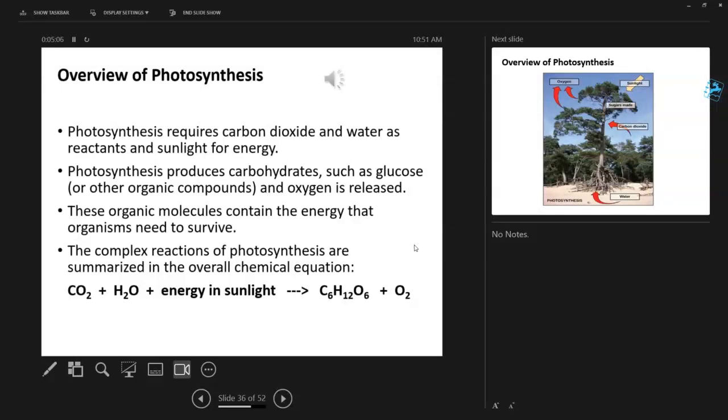But in photosynthesis, carbon dioxide from the air and water are combined along with energy from the sun. So this uses energy instead of releasing energy. The whole purpose is to produce organic compounds like glucose, and the plants release oxygen.